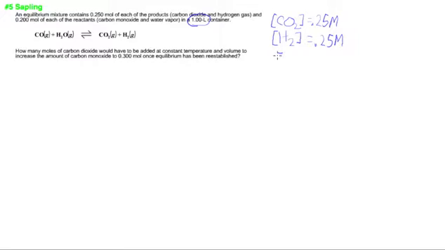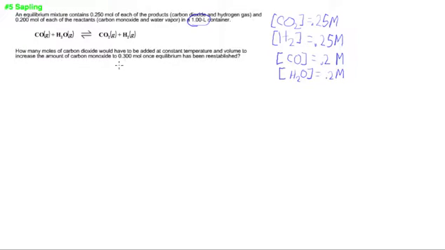And the concentration of the carbon monoxide is 0.2 molar, and that's 0.2 moles per 1 liter. And finally, the concentration of H2O as a gas equals 0.2 molar.